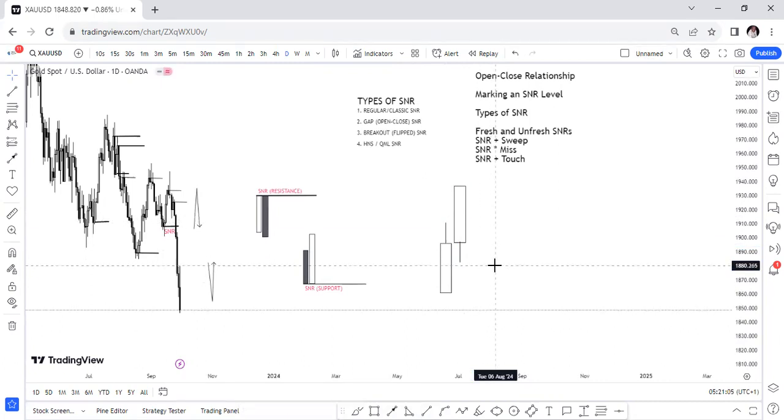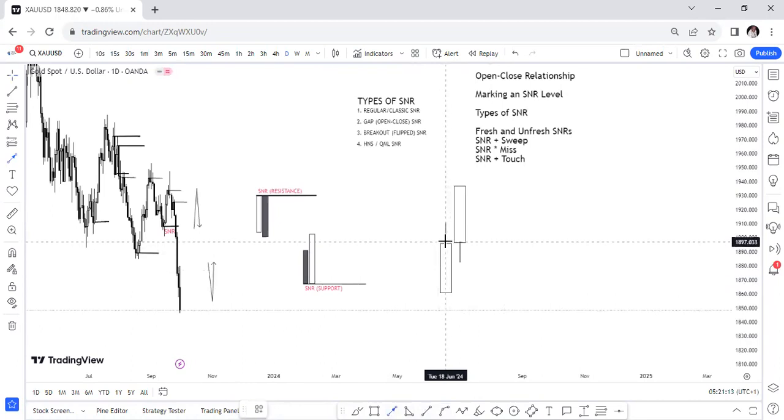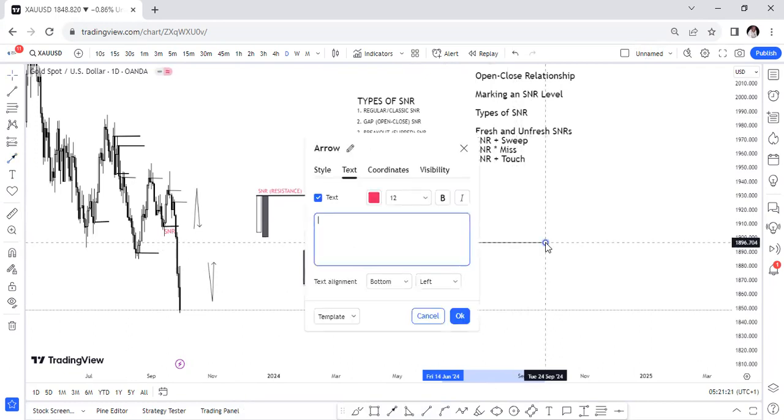Very, very powerful and very unique information. So you put your DC here, your line, thread forward. Gap.